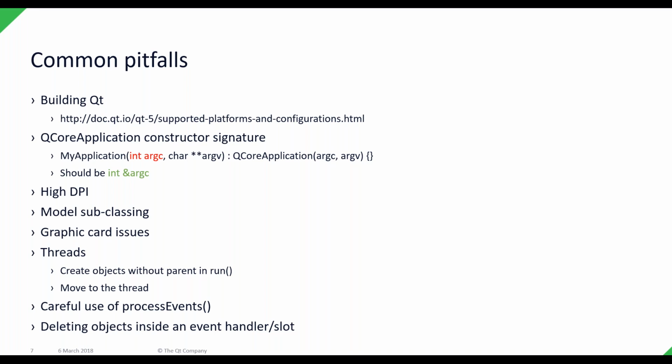So high DPI, this is something that's been more and more of an issue from time to time. What you should do if you're seeing things that are not correct with the rendering in high DPI mode, then check that you have the two attributes set. These are the application attributes: use high DPI pixmaps and enable high DPI scaling.